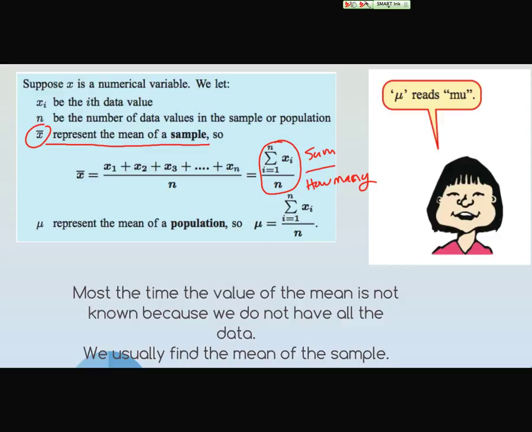One last important thing that you should write down from this slide is this other symbol here. Have you guys seen this one before? It's called mu, which is why we have this lady sharing that information with us. It's another Greek letter like sigma or theta, but mu represents the mean of a population. Now it's a very subtle difference.